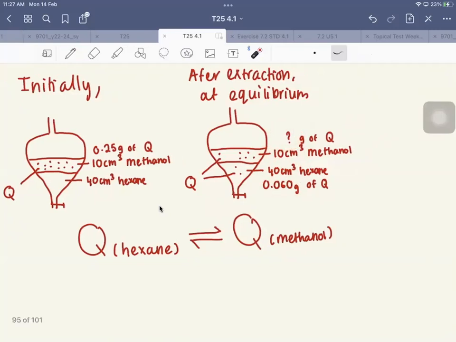Okay, but I do know that I started with 0.25 grams of Q at the start of the practical. And then after that, they are being distributed, although not equally distributed.